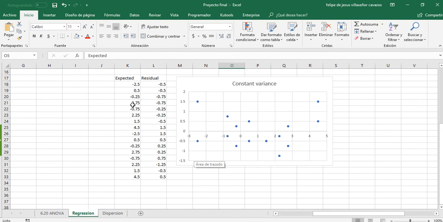Now we plot the expected value on the x-axis and the residual on the y-axis to confirm constant variance. And we can see that in almost every one the variance is constant. Only in the first one is there a little problem, but in every other one the variance is constant.